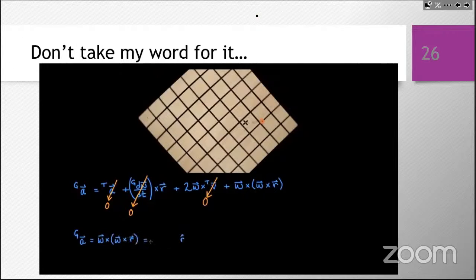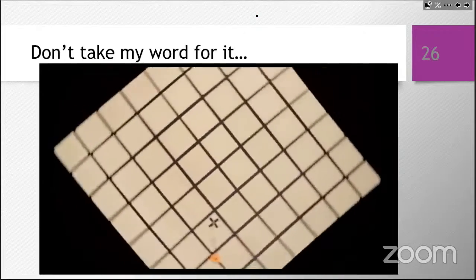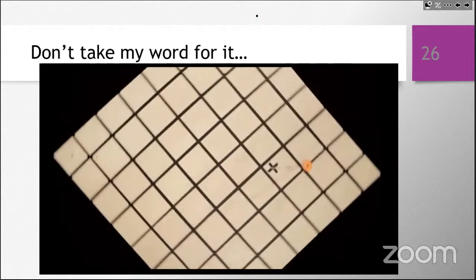This vector points in the negative r direction, with the magnitude given by the distance from the axis multiplied by the angular velocity squared. In the G frame, which is inertial, we do not observe effects of the so-called fictitious forces. Remember, the disk wants to move in a straight line. It doesn't want to turn.